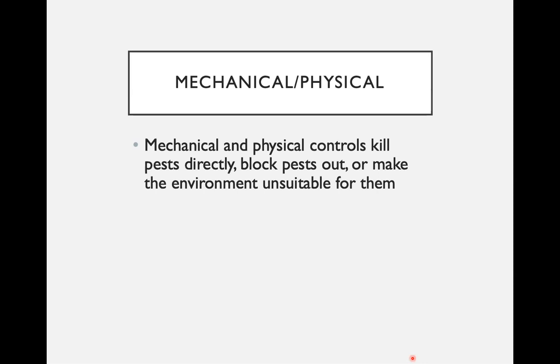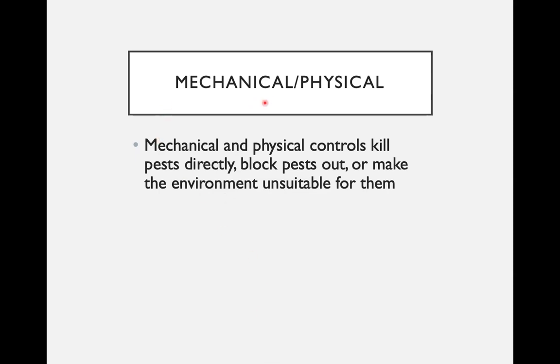These are mechanisms that are going to kill a pest directly, but they can also be things that block a pest out from a bed or from around your plants, or they might also fall under a category called physical controls that try to manipulate or change the environment to make it unsuitable for the pest to live there.